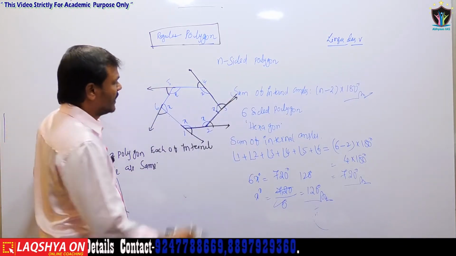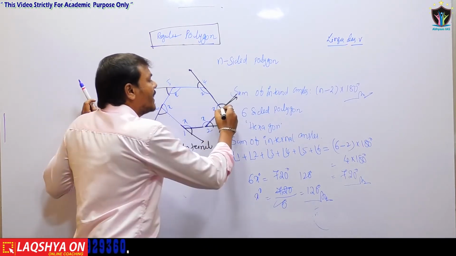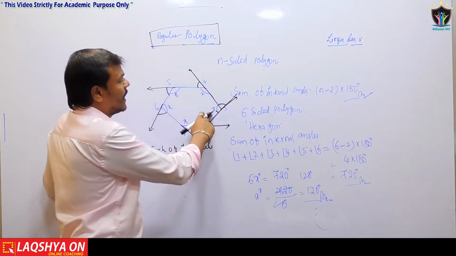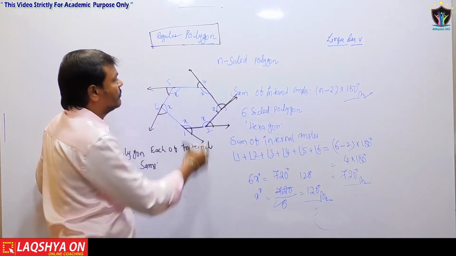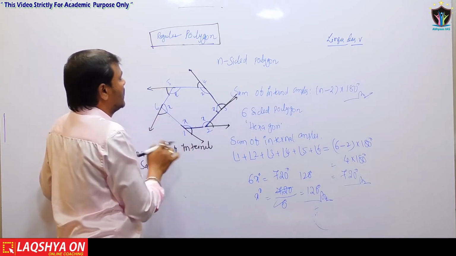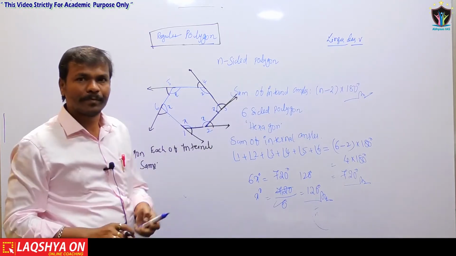This is one of the line segments. On a line, at any point, there is 180 degrees. x plus angle 3 is 180, x plus 4 is 180, x plus 5 is 180, x plus 6 is 180. So x plus 1 is 180, x plus 2 is 180. Is it clear?